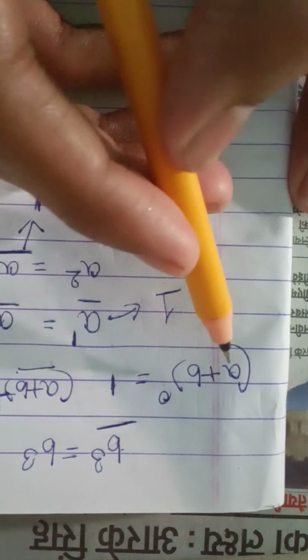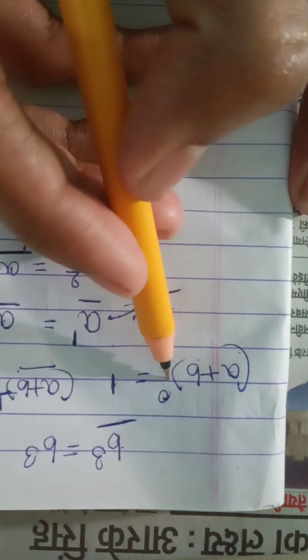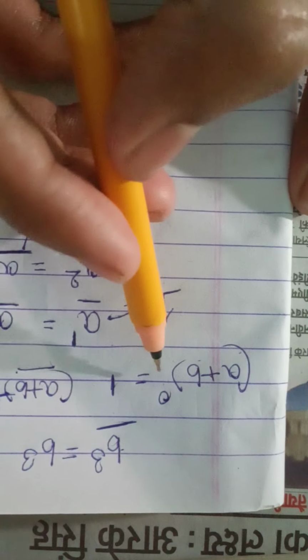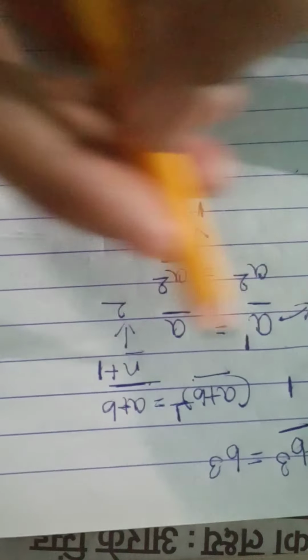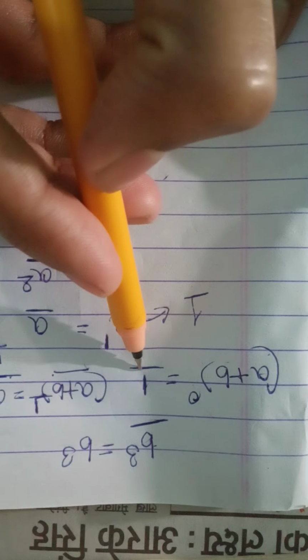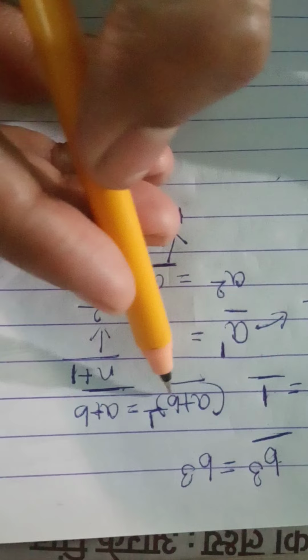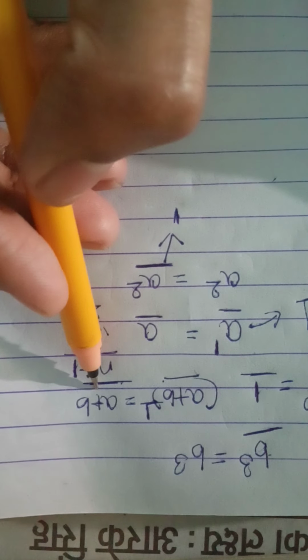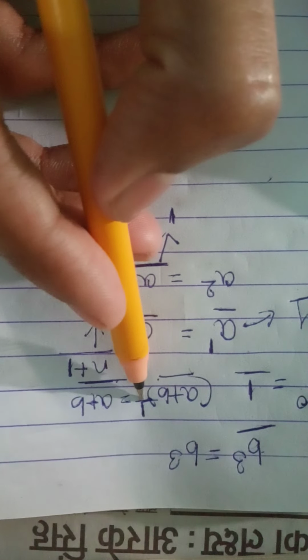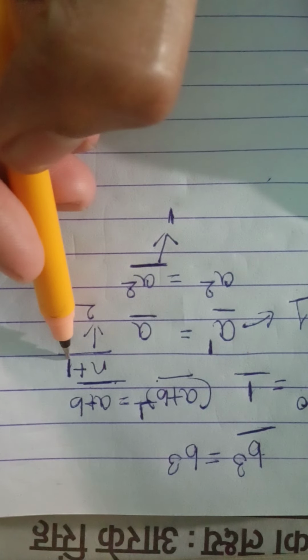Similarly, in a plus b to the power 0, if we put n as 0, we get the number of terms is 1, and hence we find that there is only one term whose value is 1. Here there are two terms because n is 1, and if we put the value of n as 1, we get 2.